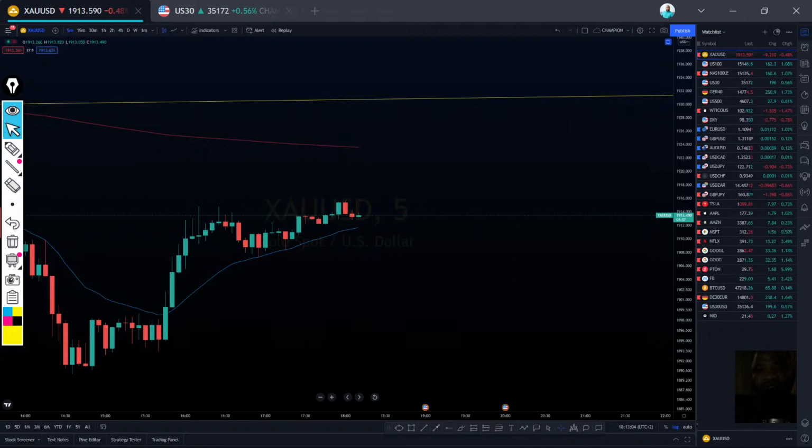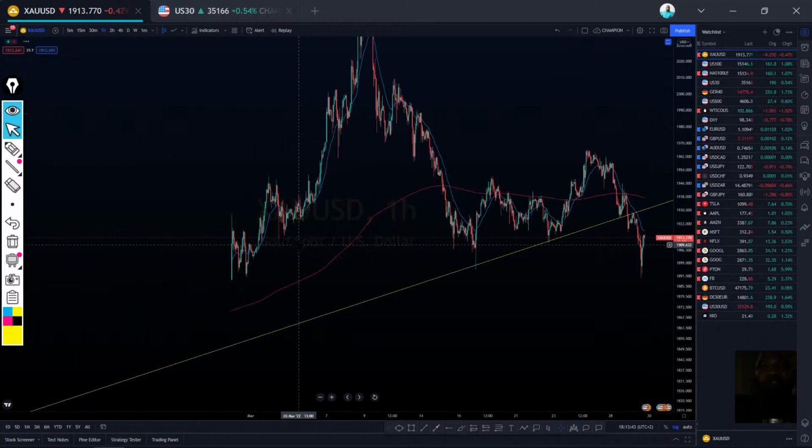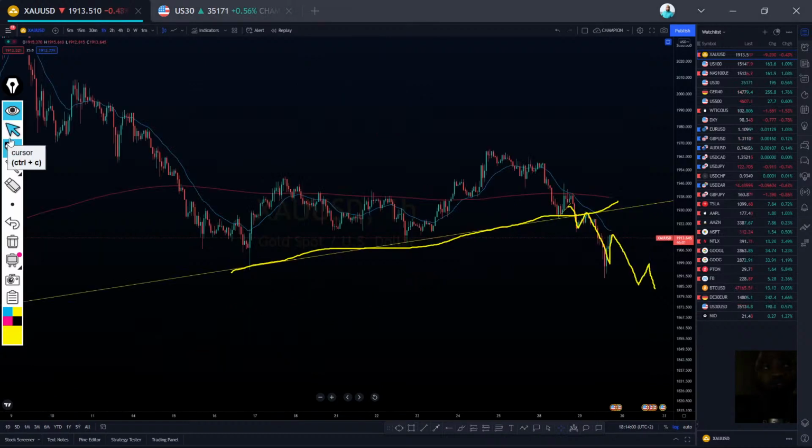Gold just broke our previous diagonal support zone. We had this big overall support zone right here, and gold broke out of it and now it's becoming bearish. Usually when gold is bearish, you should expect NASDAQ to be bullish.